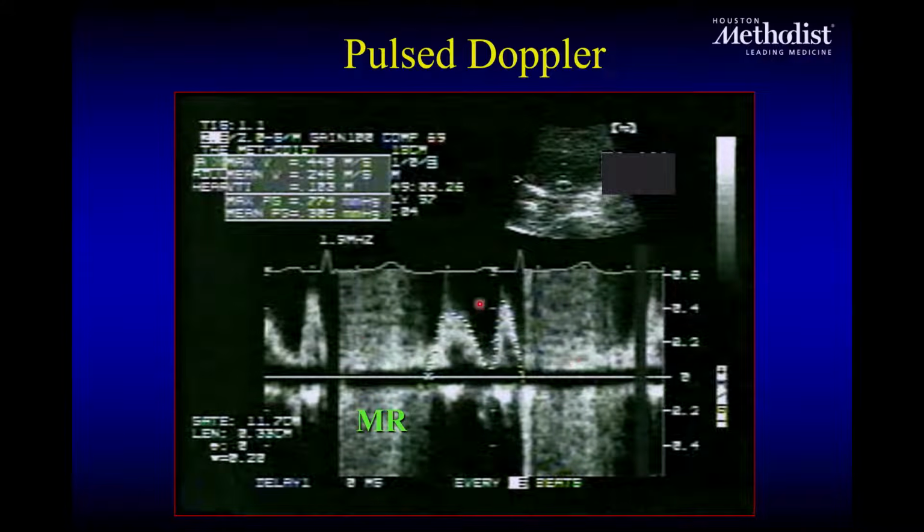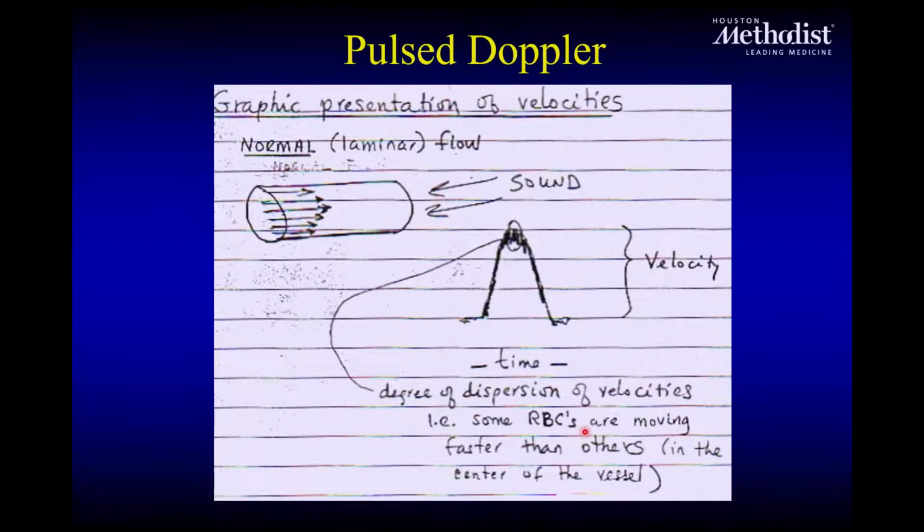A particular example is with pulse Doppler trying to interrogate a mitral regurgitation jet. Mitral regurgitation jet, as you know very well, is a very high velocity jet. And if I'm using pulse Doppler technology to interrogate what this velocity is, that's what I'm going to get. Basically, it's wrapping around, and I'm going to see just a lot of spectral display here without me being able to discern what the velocity is.